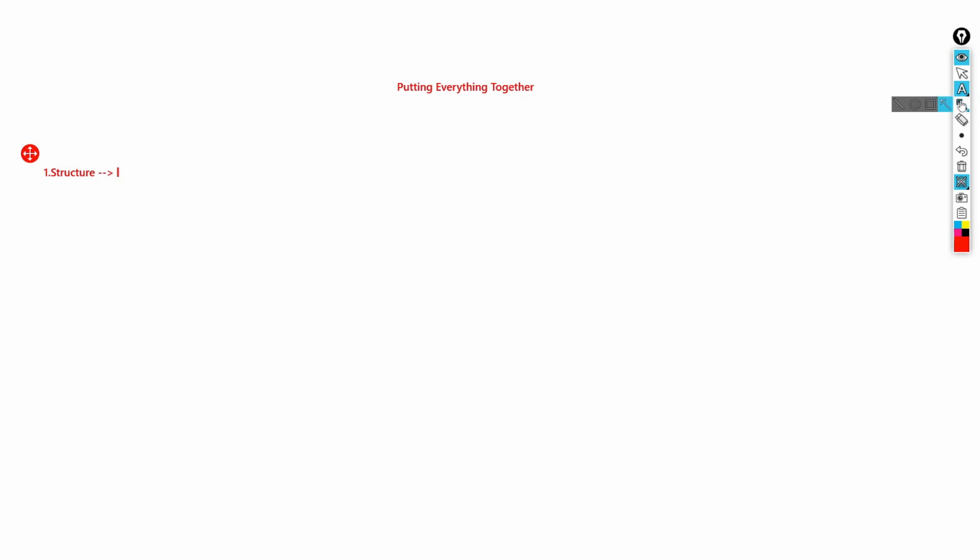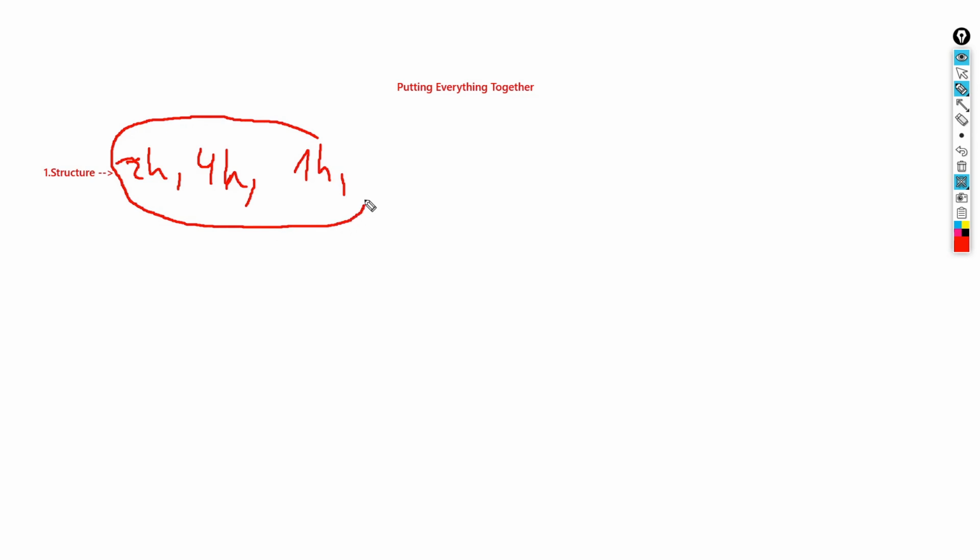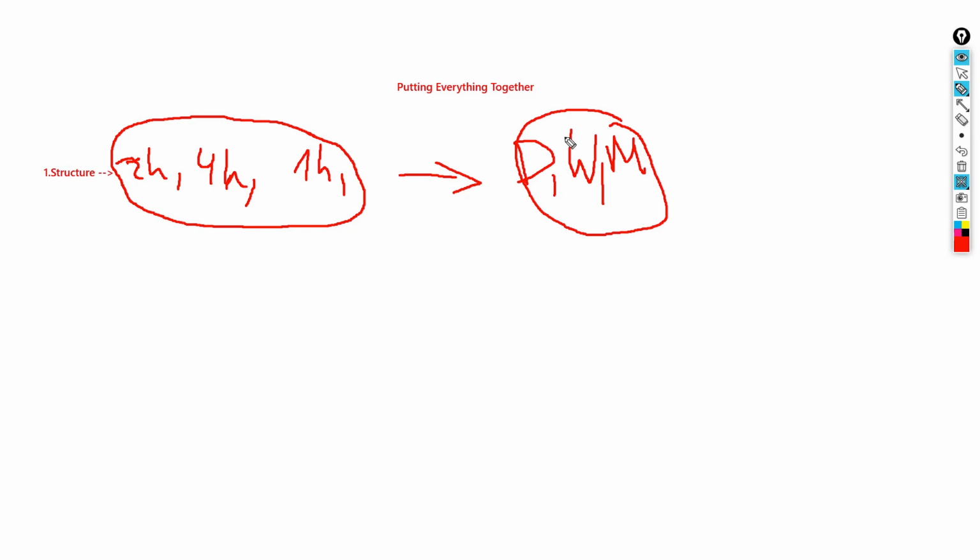We're going to be focusing on time frames such as the 2 hour, 4 hour, 1 hour, right? Because those are going to be more relevant for the particular day, but we need to keep in mind the daily, weekly, and monthly structure as well, right? We cannot forget about those.